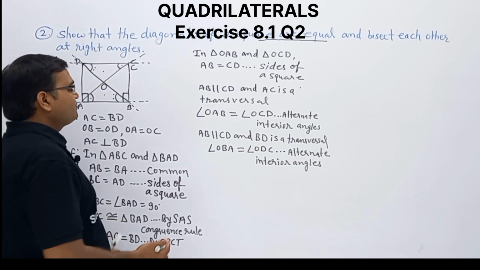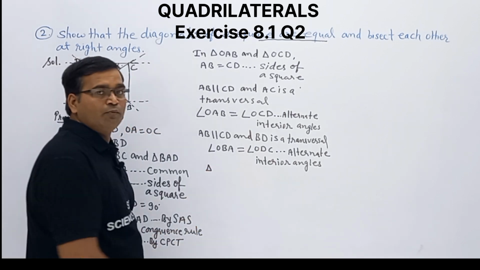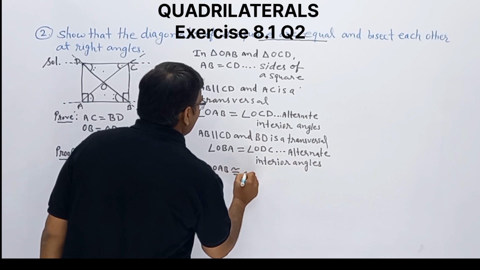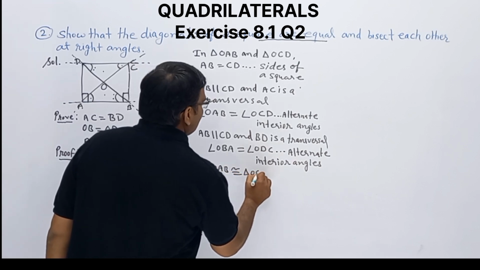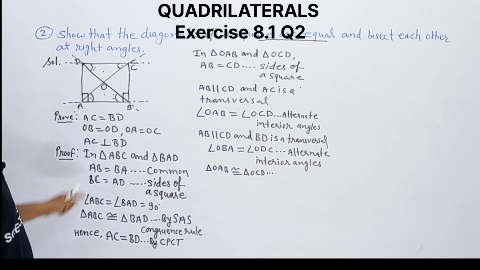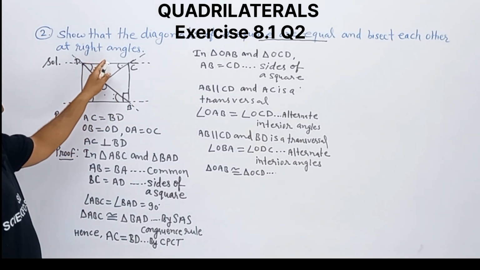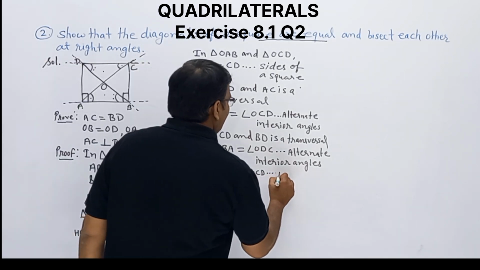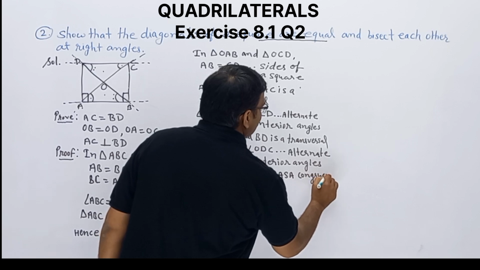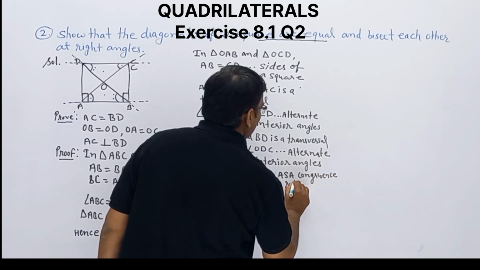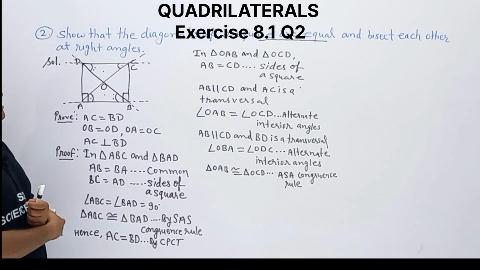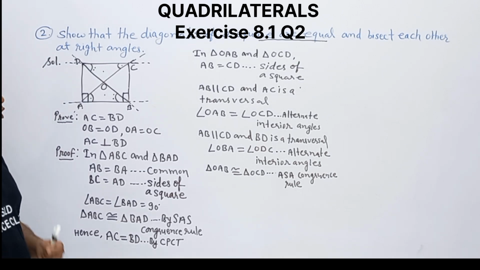So we can say triangle OAB is congruent to triangle OCD by the angle side angle congruence rule.